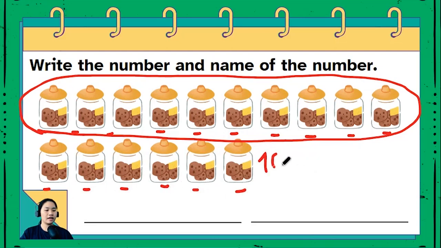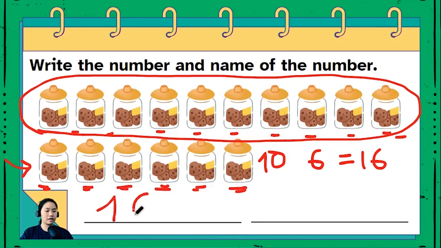What's 10 and 6? It is 16. If you don't believe me, we can continue counting after 10 starting here. So if this is 10, down here is 11, 12, 13, 14, 15, and 16. Going to put 16 down here.